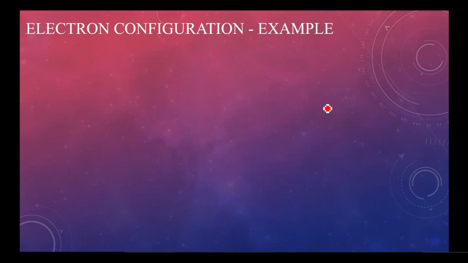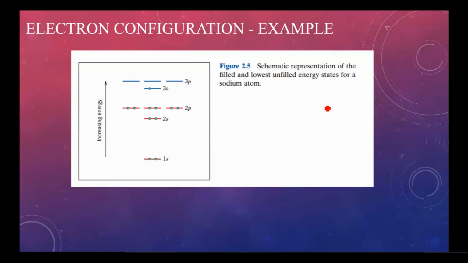Based on this, if we have to identify the electronic configuration, for instance, for the element sodium, having 11 electrons, I start with the shell having the lowest energy, which is 1s.